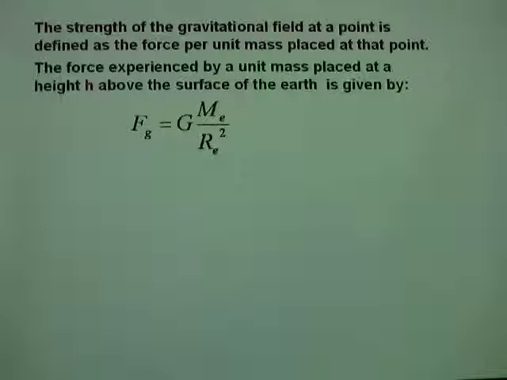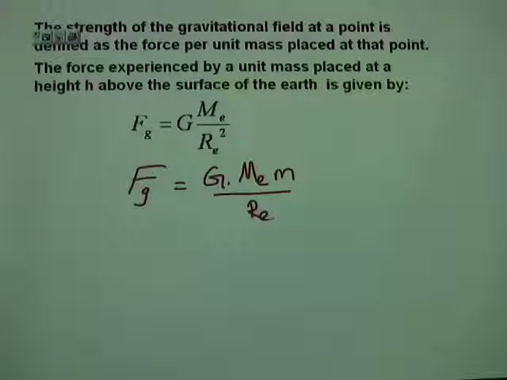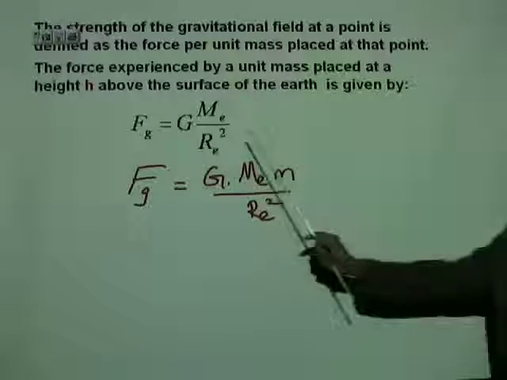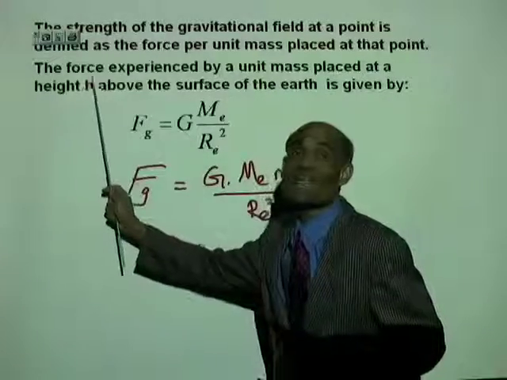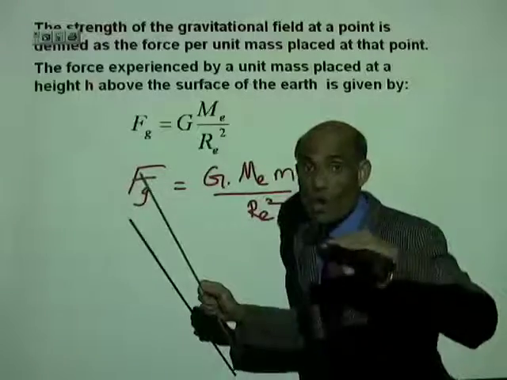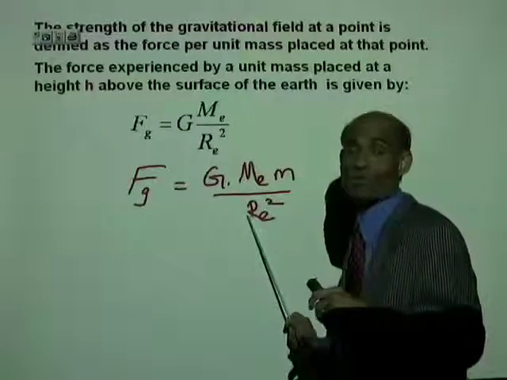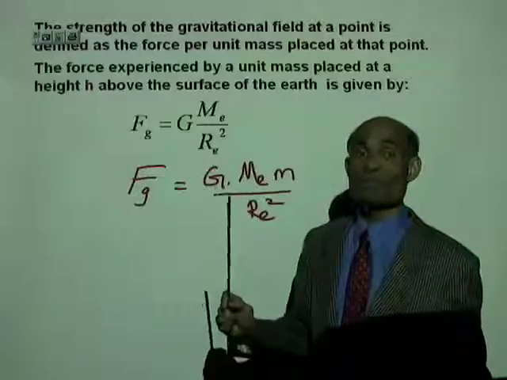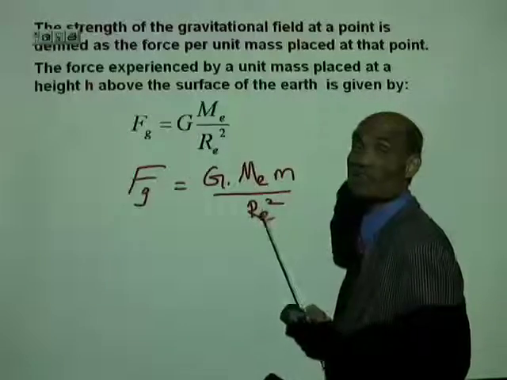Now, if you remember, this is our original equation. If you place an object on the surface of the earth, the force of gravity on it will be F equal to G times mass of the earth times mass of the object divided by the square of the radius. So remember, we are not placing the object at a height h, we are placing the object on the surface of the earth, where the distance between the center of the earth and the object is the radius.